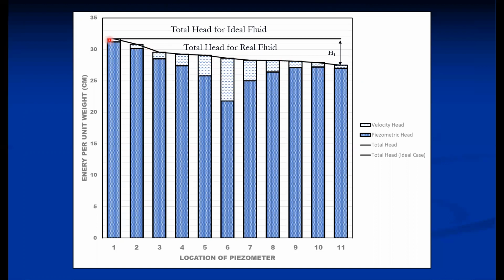If an ideal fluid flows through this particular section, then there is no fall of energy. So this much gap is actually the loss of energy from section to section. And this is the total head loss between section 1 and section 11, called HL.